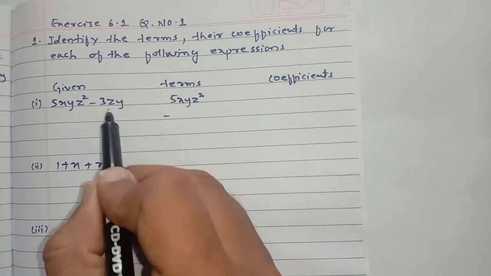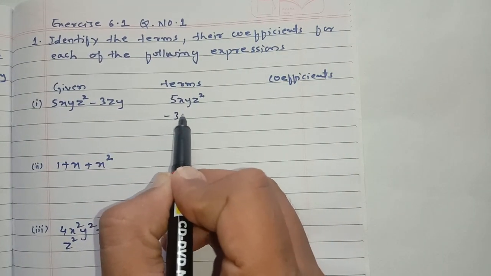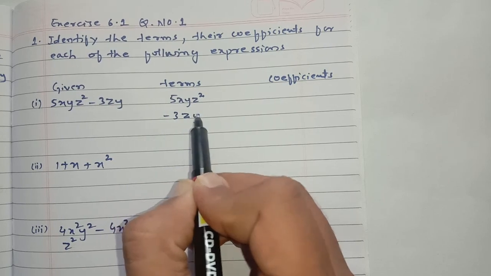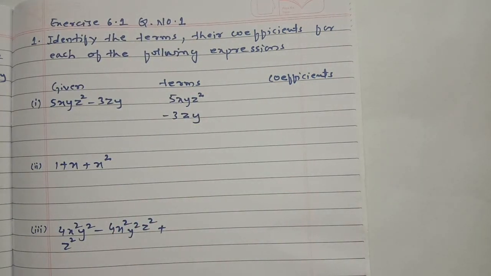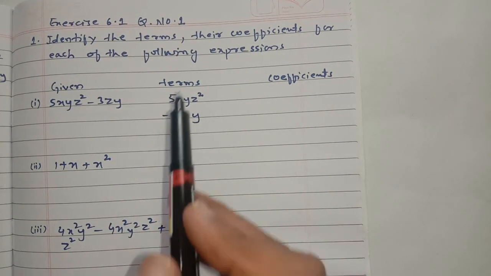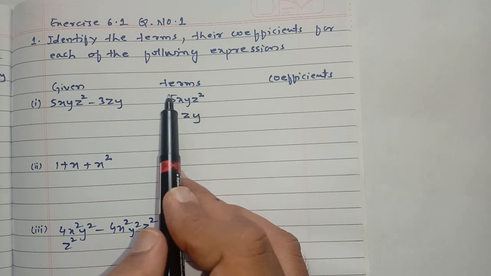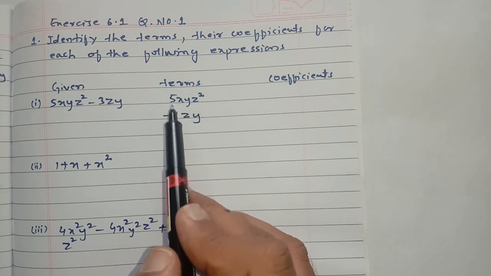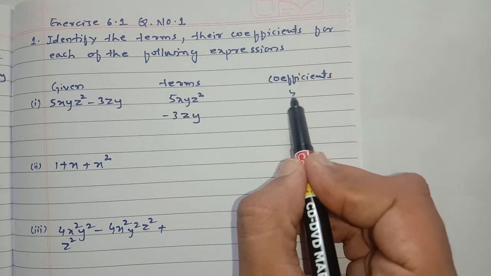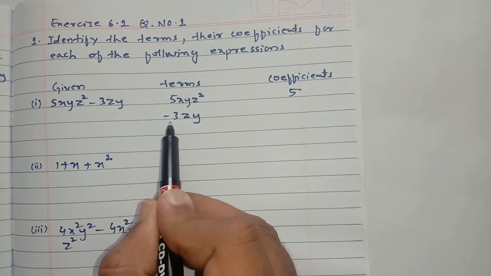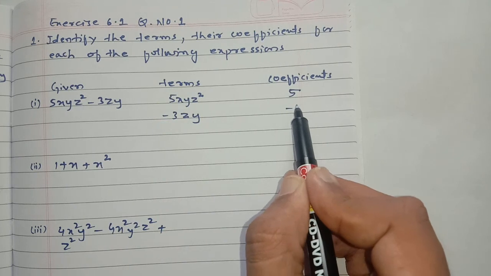Then one more term is given, that is -3zy. Now we have to write the coefficients. Before the variable or variables, whatever number is given, that is the coefficient of it. Here the coefficient is 5 and here the coefficient is -3.